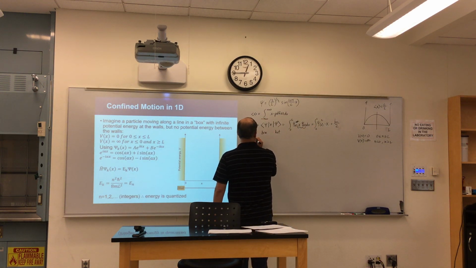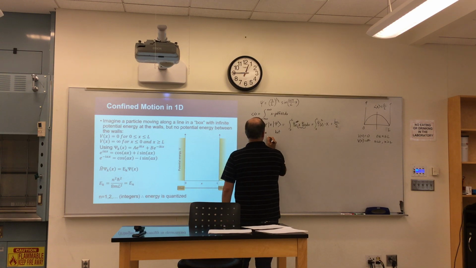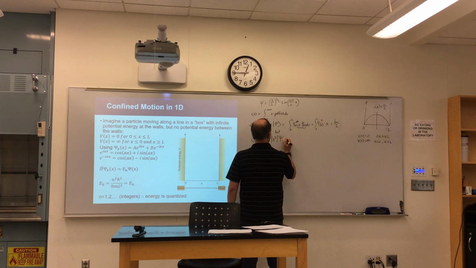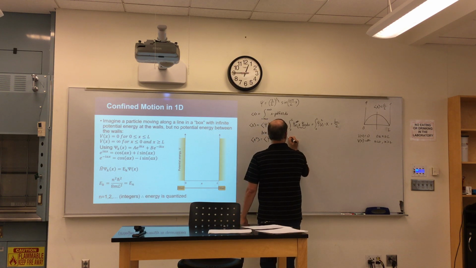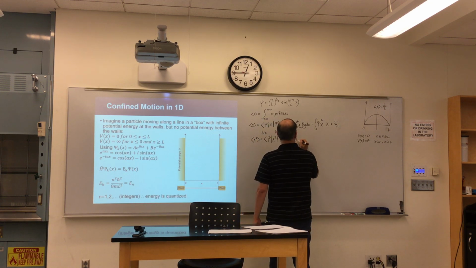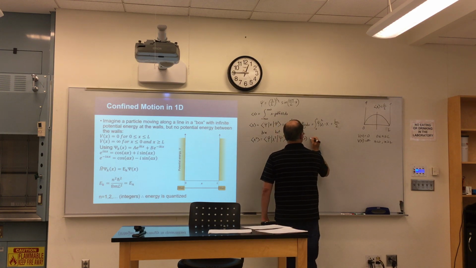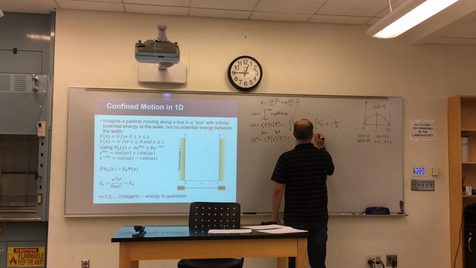So if you're finding the average of your x squared value, that's equal, if we do it in bracket notation, to the integral from 0 to L of the complex conjugate of our wave function, and then this would be x squared, psi of x.